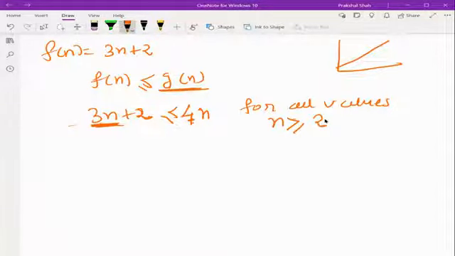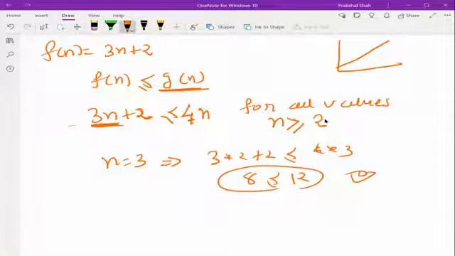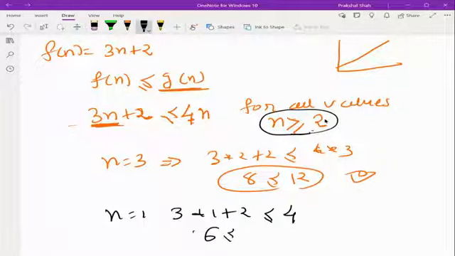Let's take n equals 3. 3 into 3 plus 2 is 9 plus 2, which is 11, and 4 into 3 is 12, so it is true. But for n equals 1, 3 into 1 plus 2 is 5, less than or equal to 4 into 1 is 4, which is false.